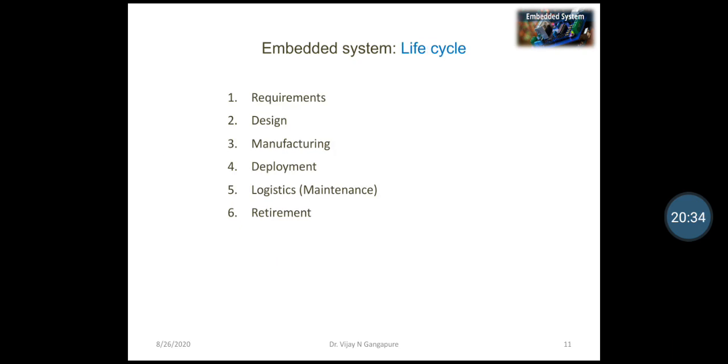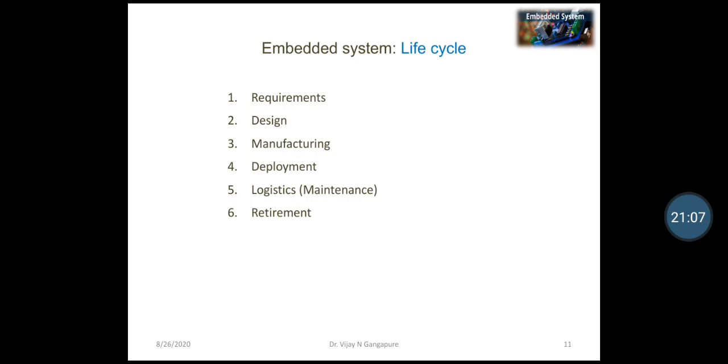Now, the life cycle of any embedded system, that means the stages through which any embedded system travels from start to end, is called the life cycle. So an embedded system also has a life cycle, and this life cycle is divided into 6 stages. First is requirements. You will get requirements for the embedded system. Then the second stage, the design stage, in which that embedded system will be designed. Then in the third stage, that embedded system will be manufactured.